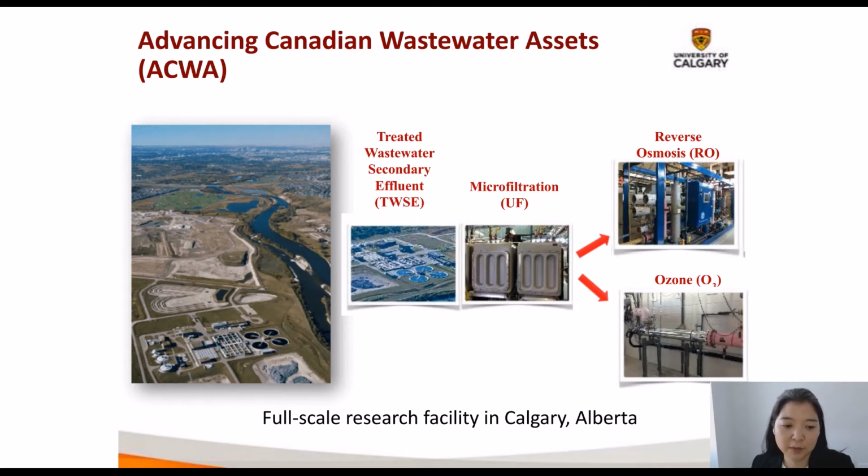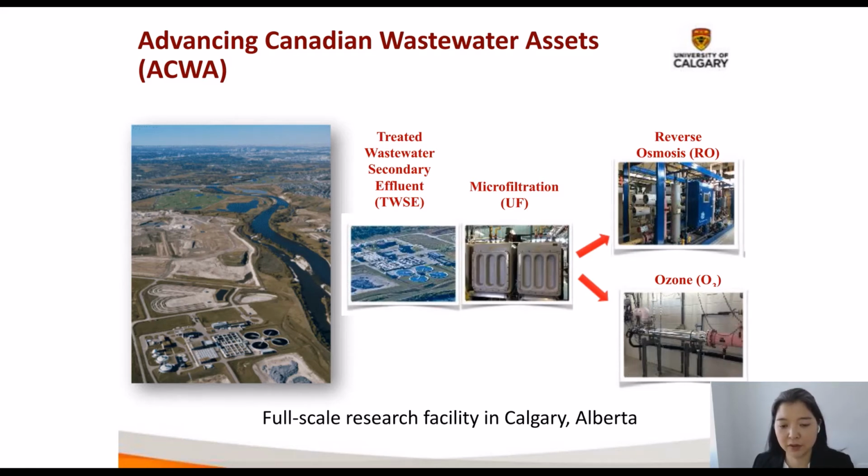It's a wastewater treatment plant that treats wastewater to produce secondary effluent, and this is then pulled or transferred to the research facility, which consists of a microfiltration unit of 3 membrane units run in parallel, and then they're treated either through reverse osmosis or ozone oxidation.